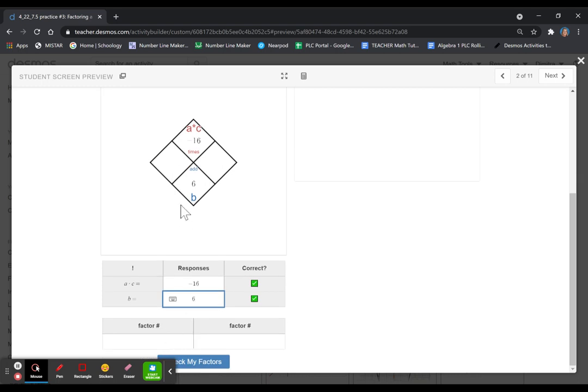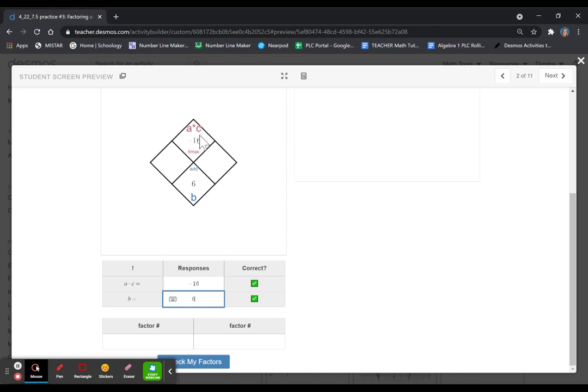Now we need the factors. We need the left factor and the right factor. It doesn't matter which order you put it in. You just need them both. All right, so we notice that A times C is negative 16 and B is 6. So we need to find 2 numbers that multiply to negative 16 and add to 6.